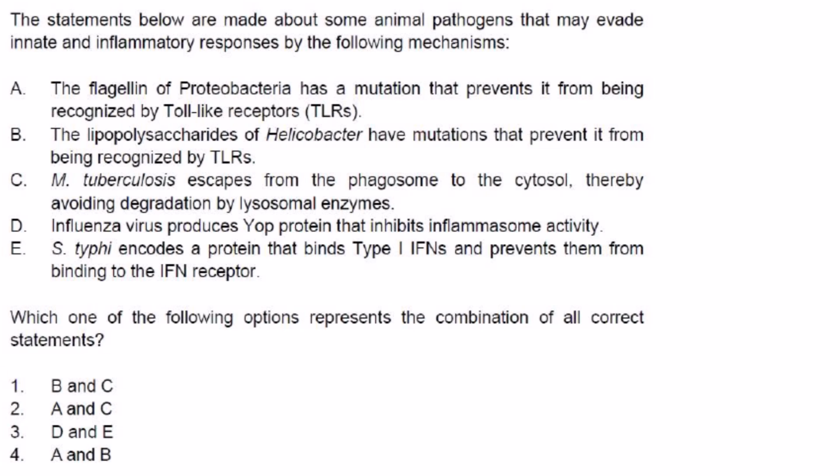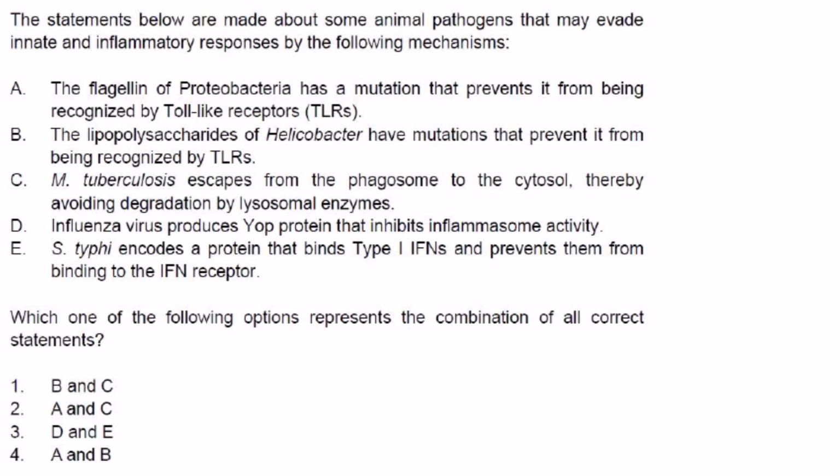So the first one, the flagellin of proteobacteria has a mutation that prevents it from being recognized by toll-like receptors. Now flagellin is recognized by TLR5, or toll-like receptor 5.